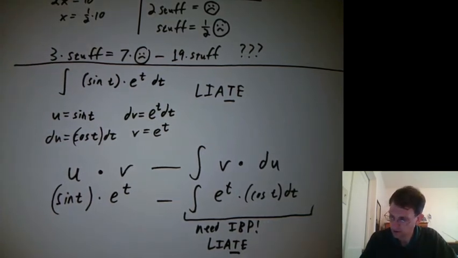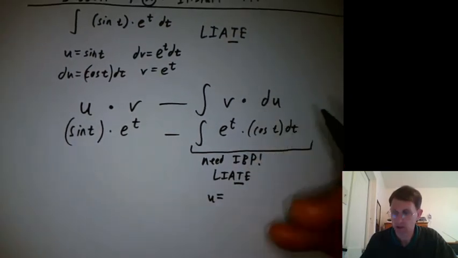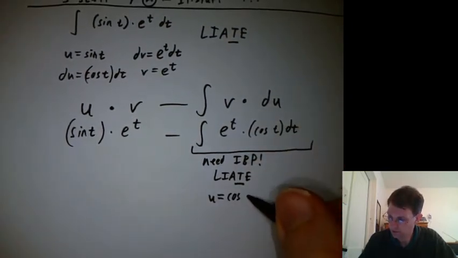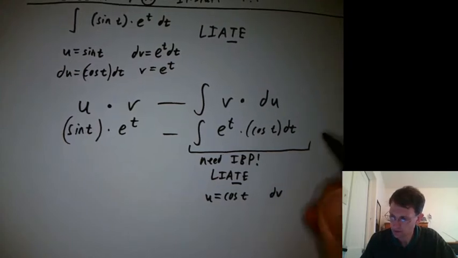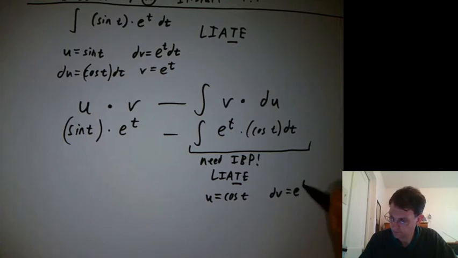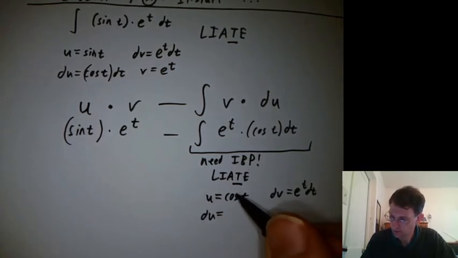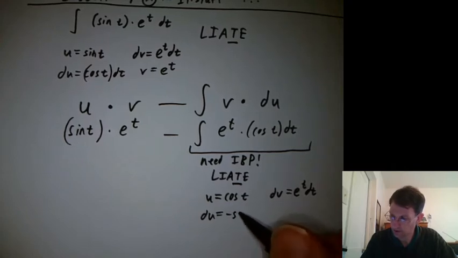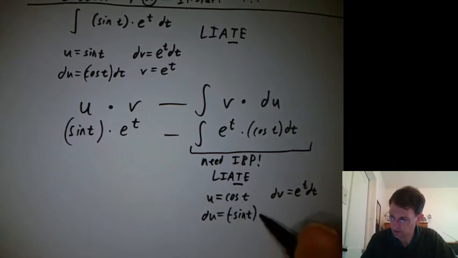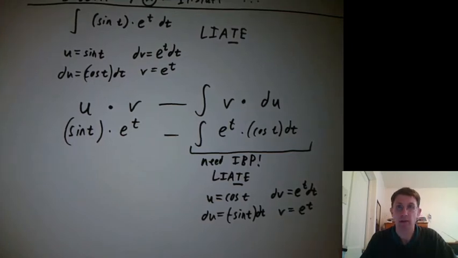So we'll say u equals the trig function, cosine, and dv equals whatever's left, e to the t dt. And then what's the derivative of cosine? Negative sine. And v equals e to the t.